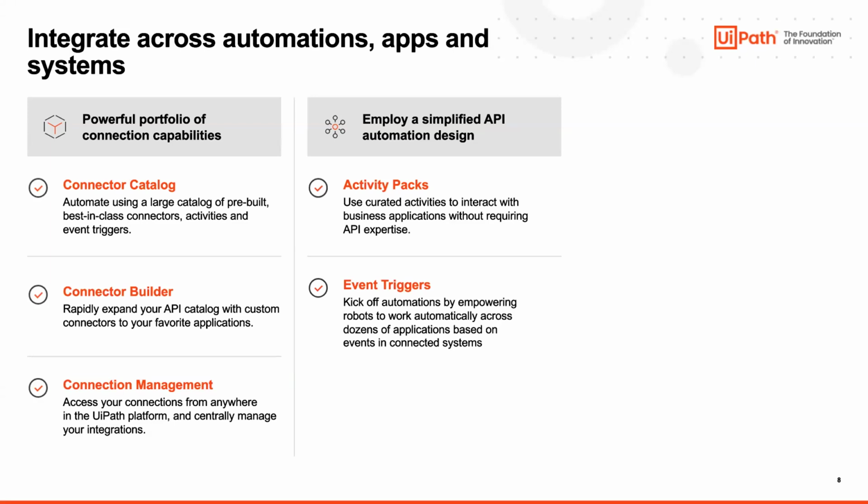And that trigger from the upstream application is something that we can use to kick off automations to work automatically. And the same event triggers can also be accessed across dozens of applications. And the future roadmap includes the events to be exposed in other product lines of UiPath as well.